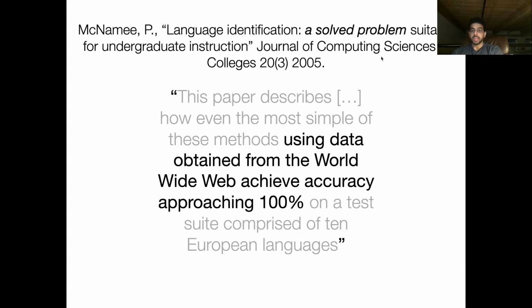And people have even gone as far as to say that language identification is a solved problem, right? This paper from 2005 says, "using data obtained from the World Wide Web, we achieve accuracy approaching 100% on a test suite comprised of 10 European languages."